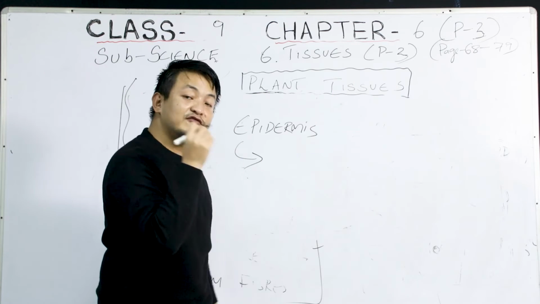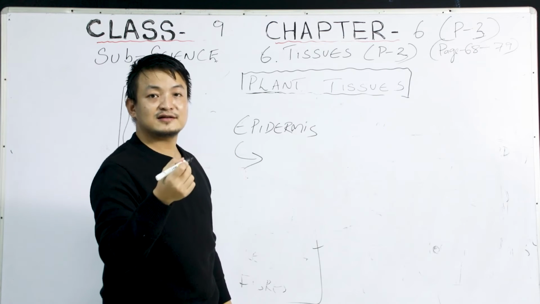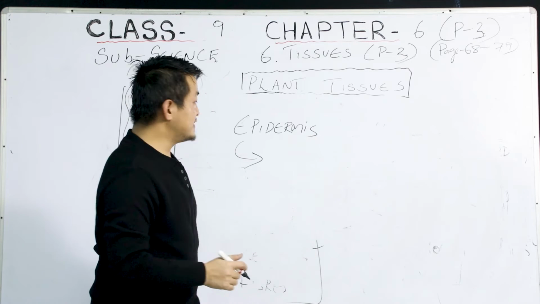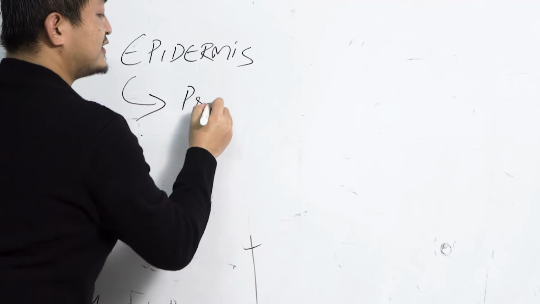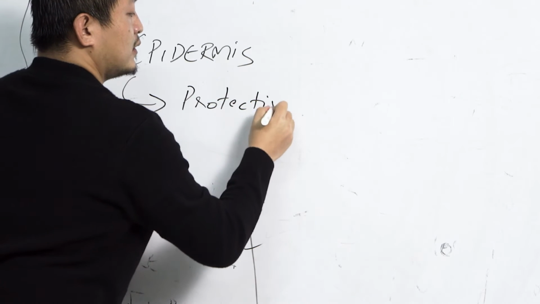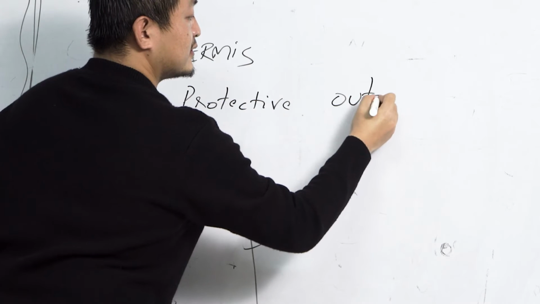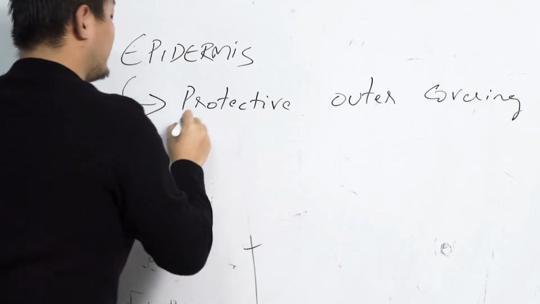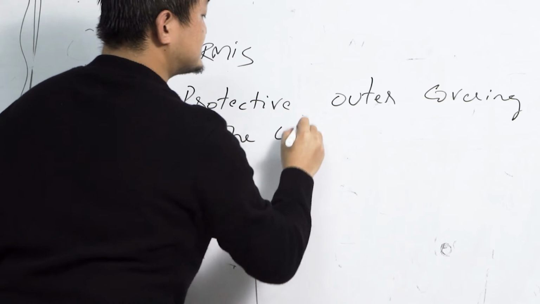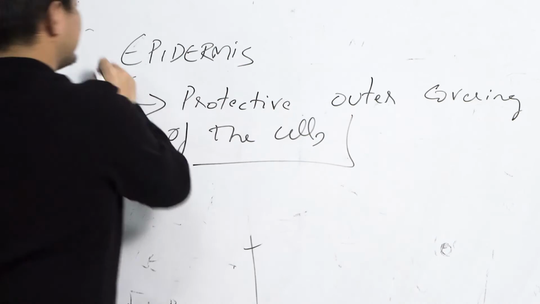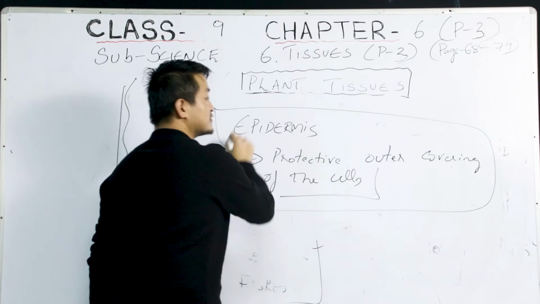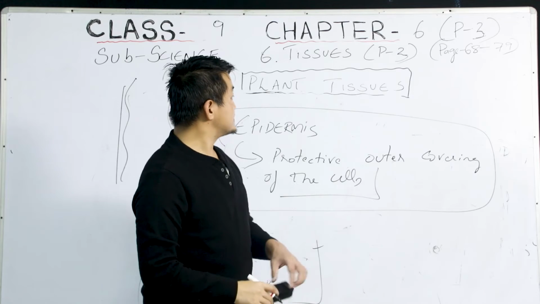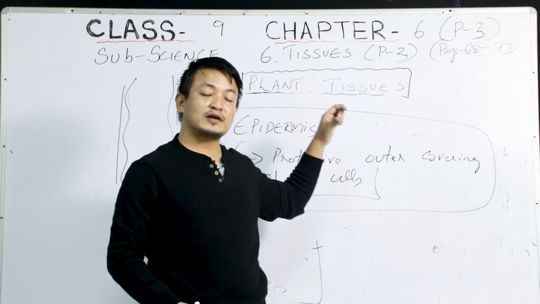This is the protective outer covering of the cells for the plants, like the skin for the plants. So students, that was all about the plant tissue, okay?